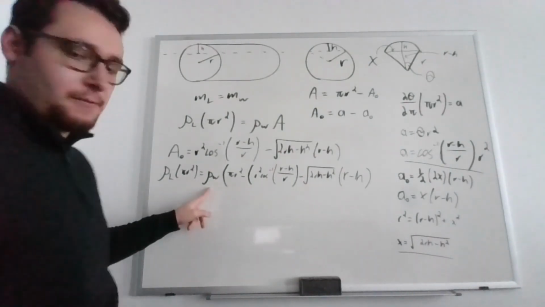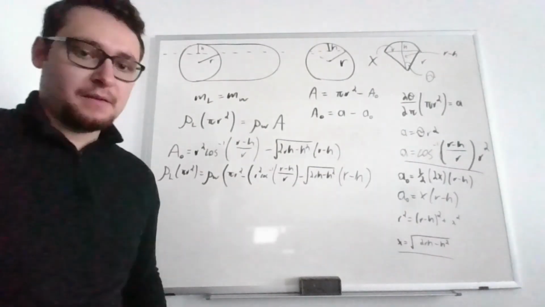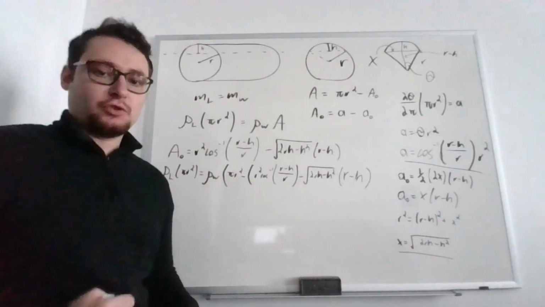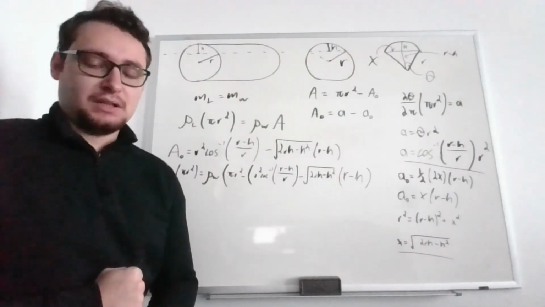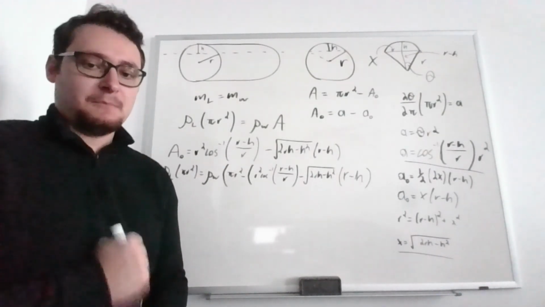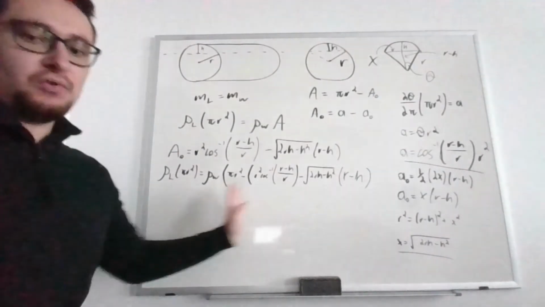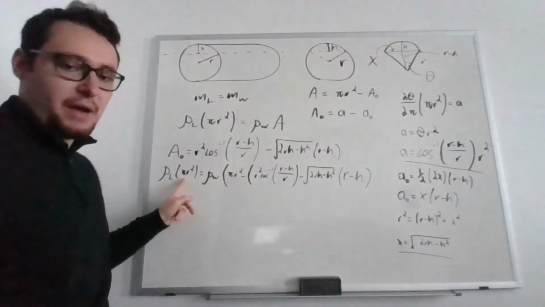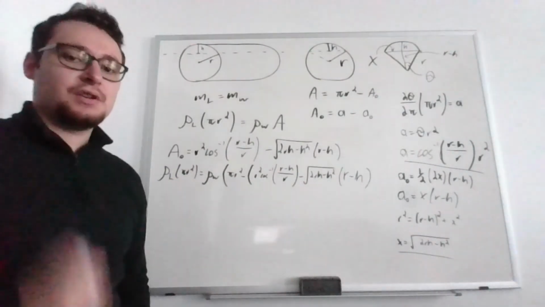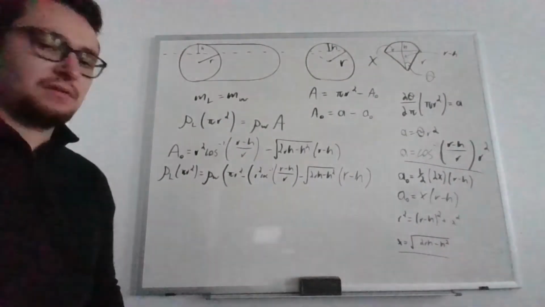The density of water. Obviously, this log is not going to be in terms of grams, so we're not doing 1 gram per milliliter for water. We're going to be doing 1,000 kilograms per cubic meter. So this is going to be a factor of 1,000 here. That's going to be multiplied throughout here. And this pi r squared has to be divided to the other side. So those last few touch-ups, and we will have the density of our log as a function.